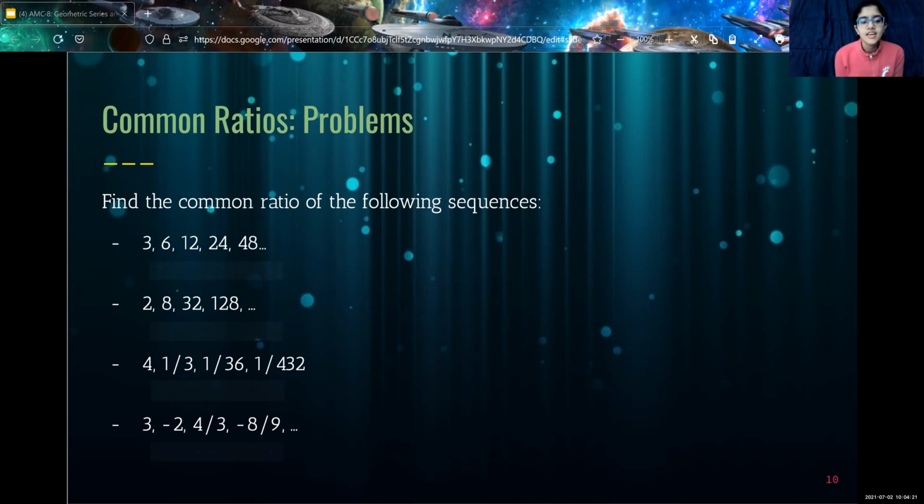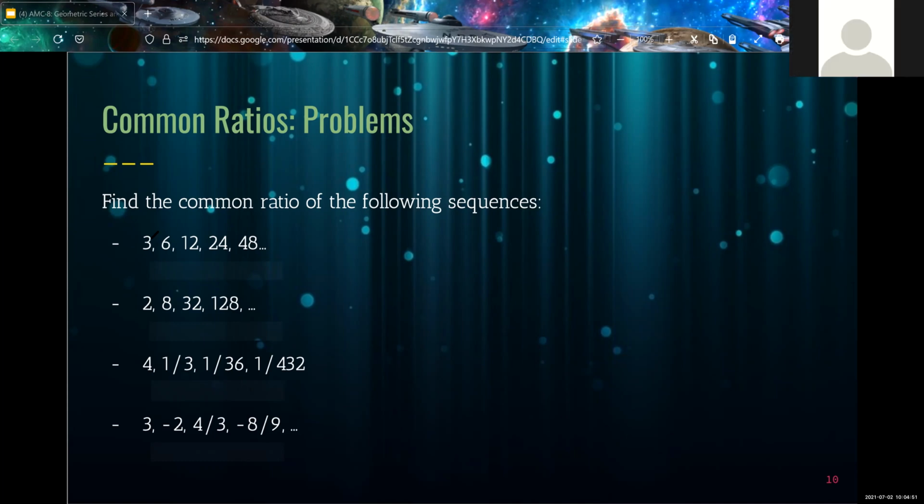Okay, Akshat, I see you've answered in the chat, so would you care to unmute and say what the common ratio of the first sequence is and how you got it? I think it's 2 because you can divide everything by 2. That's fine. Good job for participating.